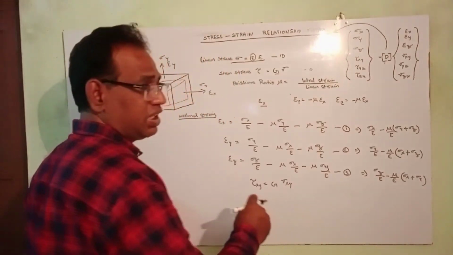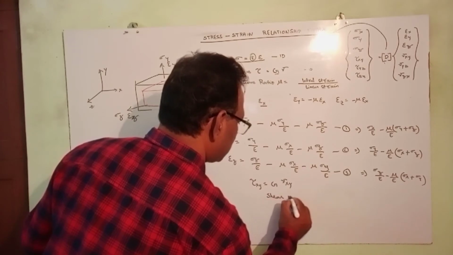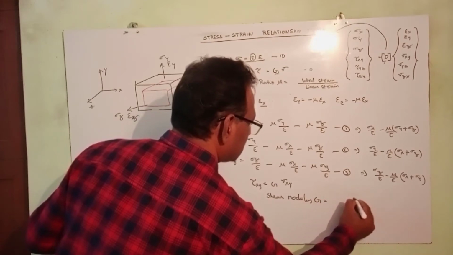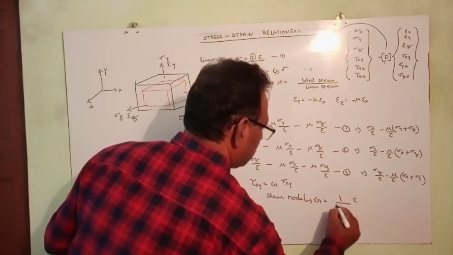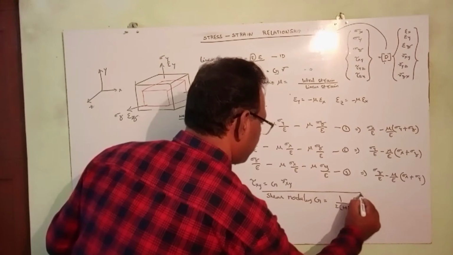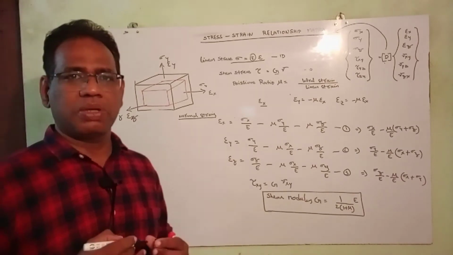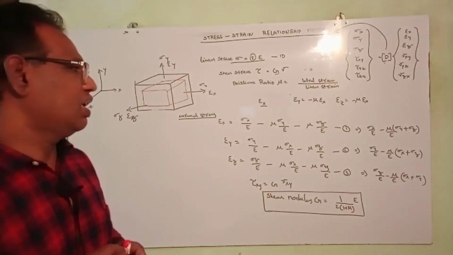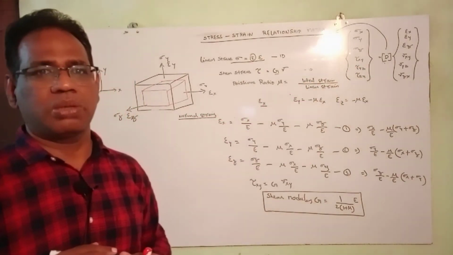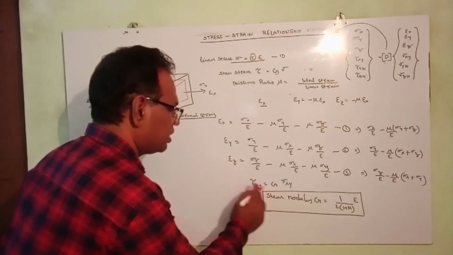So we have a relationship between the modulus of rigidity, that is the shear modulus G, and Young's modulus: G equals E by 2 into 1 plus mu. This derivation we had in mechanics of solids. You can just go through it. This part is also available in mechanics of solids. We are just deriving this stress-strain relationship matrix from the finite element point of view. So from this you can simply substitute in these equations.